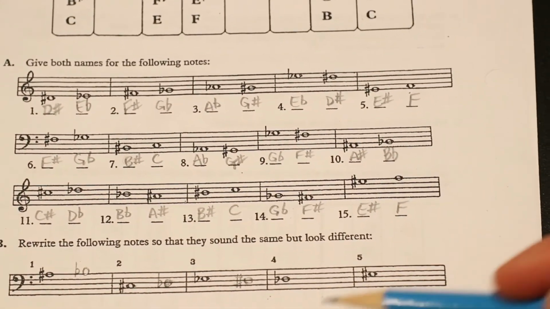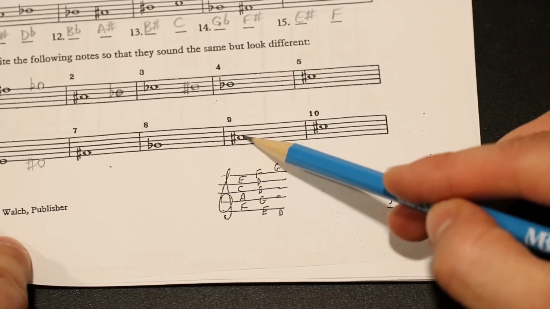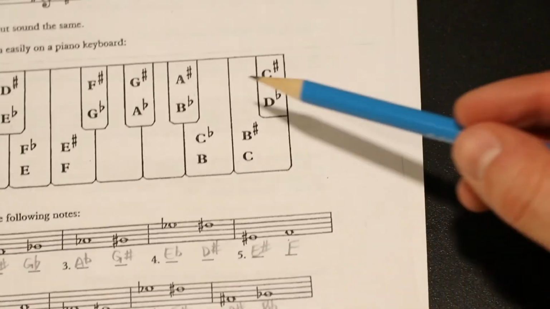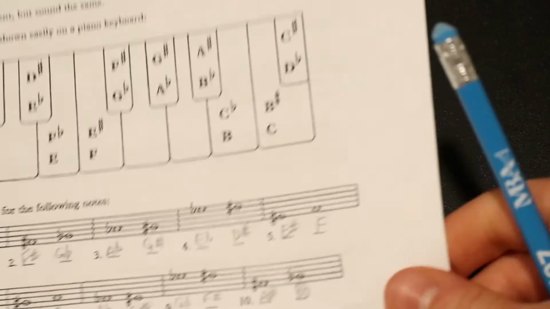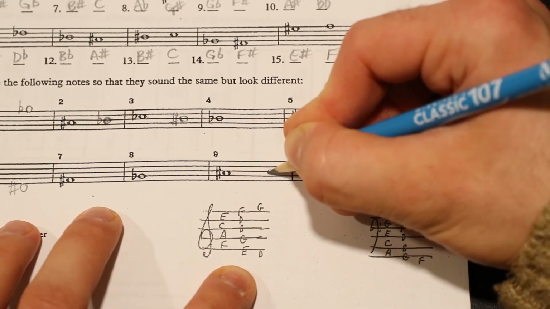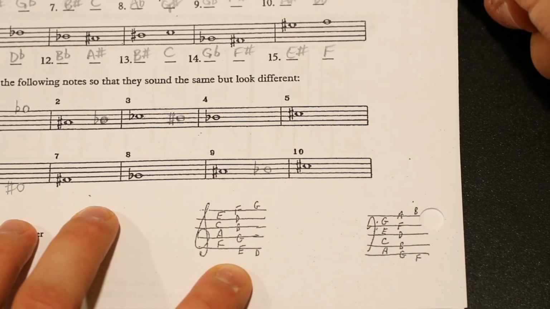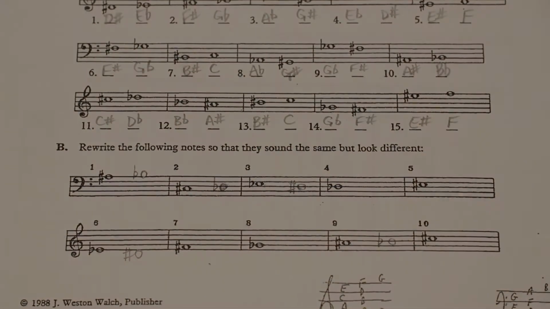We have an A sharp, and that we need to write as a B flat. I'll fill in the rest and then show you when I'm complete.